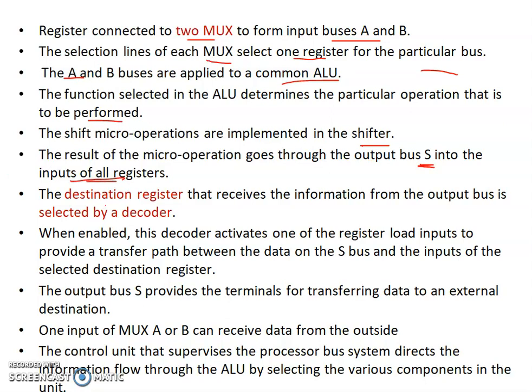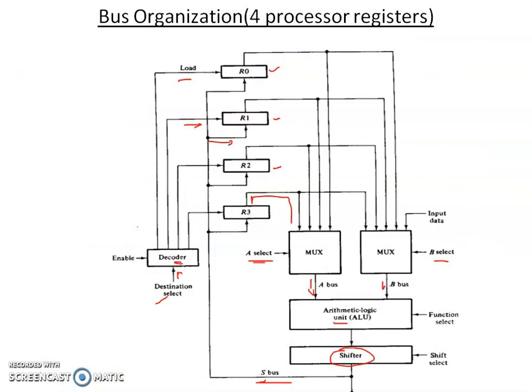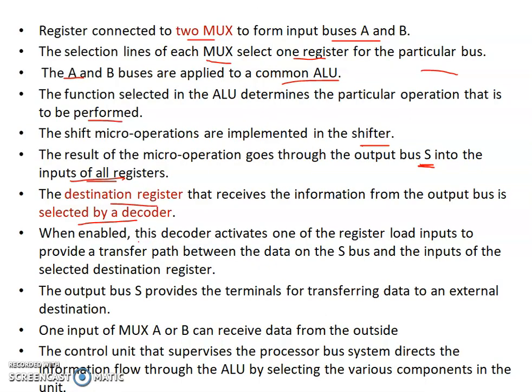The destination register that receives the information from the output bus is selected by the decoder. The decoder, when enabled, activates one of the register load inputs to provide the transfer path between the data on the S bus and the input of the selected destination register.